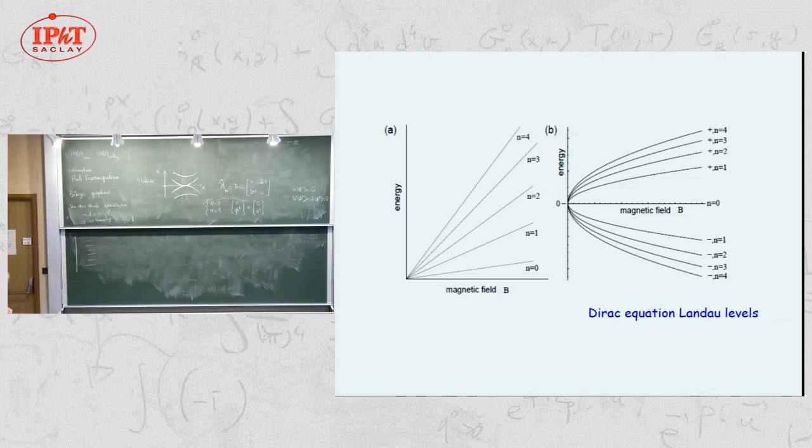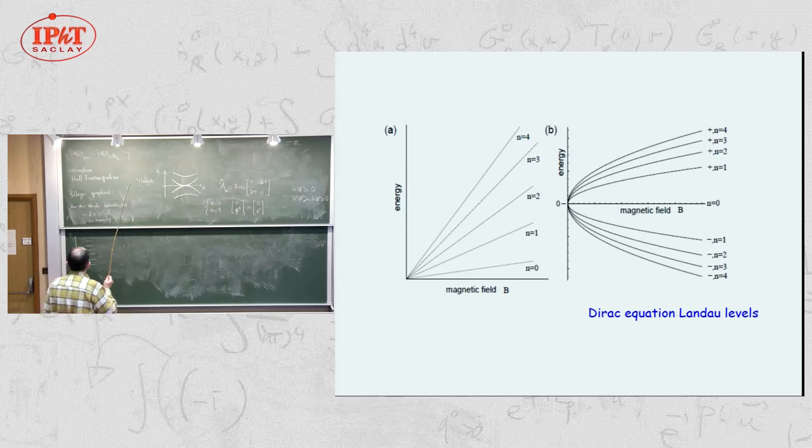In fact, we know that if we compute the exchange energy, it is not the same in n equals 0 and n equals 1, because the wave functions are not the same. And we find that the exchange energy is stronger in the case of n equals 0.